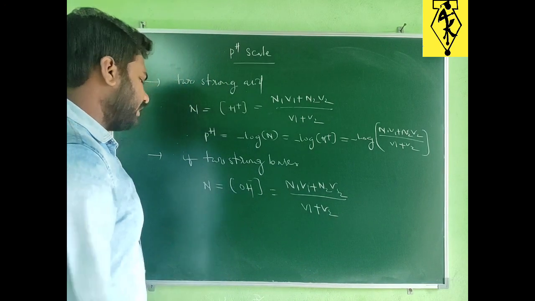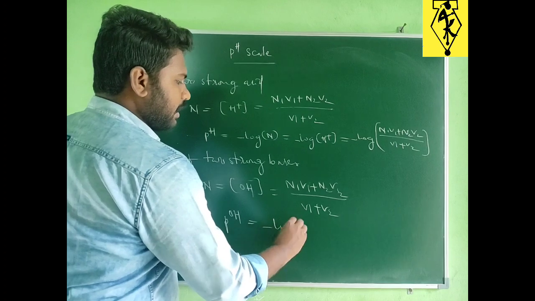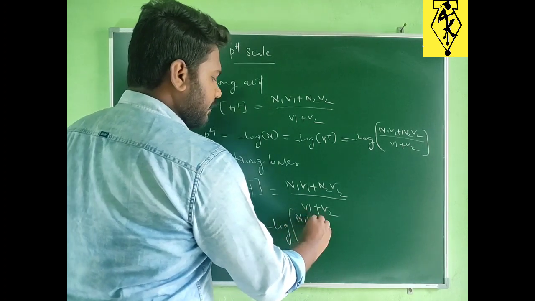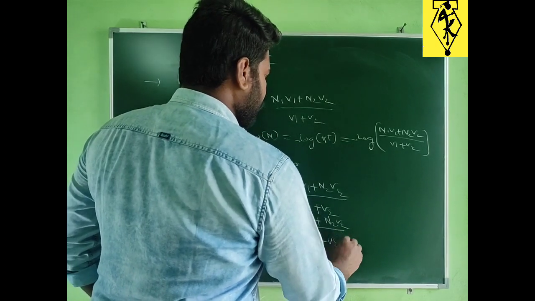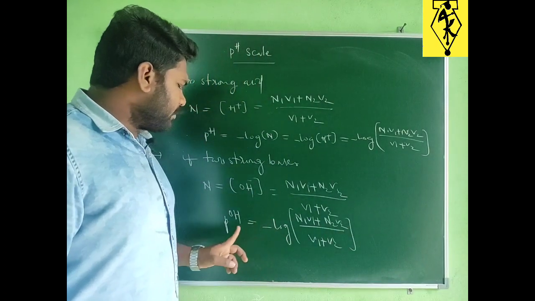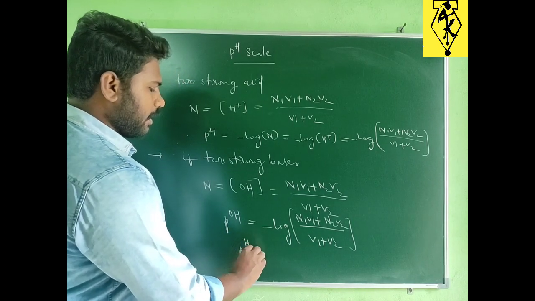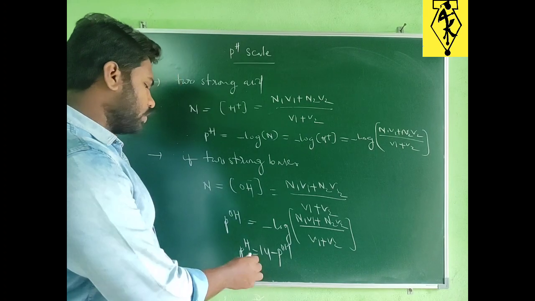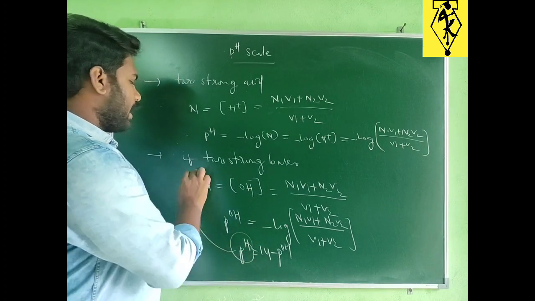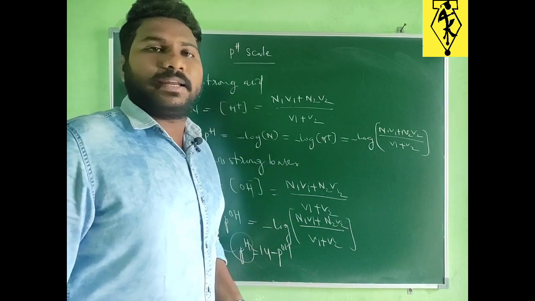So first here we get the pOH value. pOH is equal to minus log of this entire thing, N1 V1 plus N2 V2 divided by V1 plus V2. Again from this pOH we have to calculate pH using the formula 14 minus pOH. If they are asking you to calculate the pOH of a mixture of two strong bases, this is the procedure.